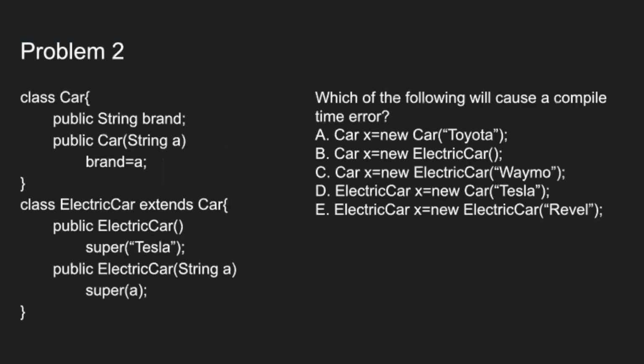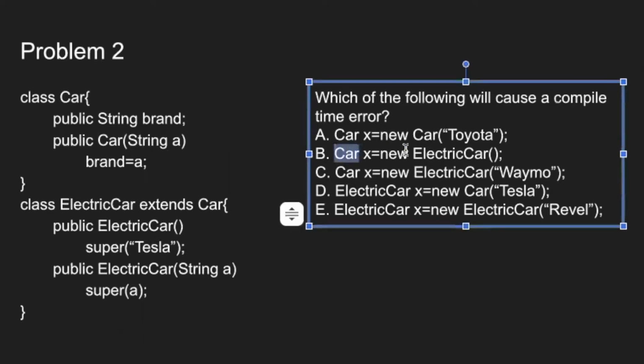Now moving on to problem number 2. Here it is. Pause if you want. The solution will come in 3, 2, 1. So if you remember in video number 8 about polymorphism, you can have the parent class on the left and then the child class on the right when you're declaring an object.